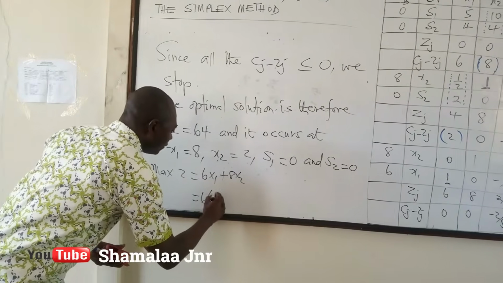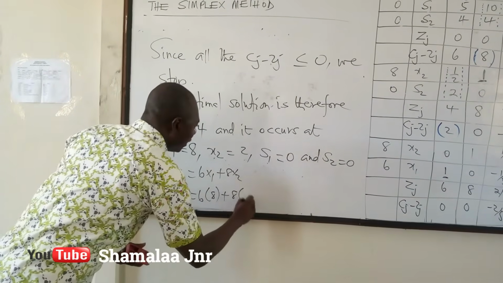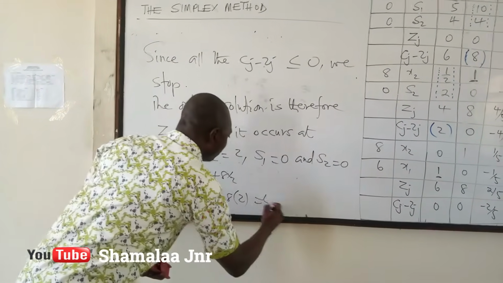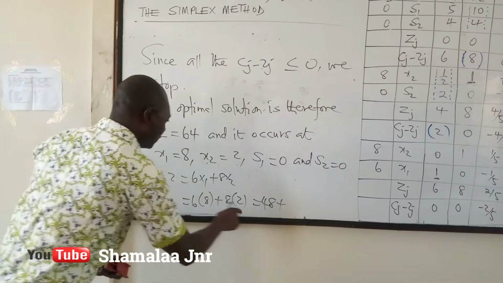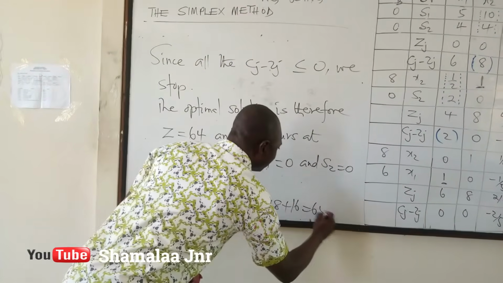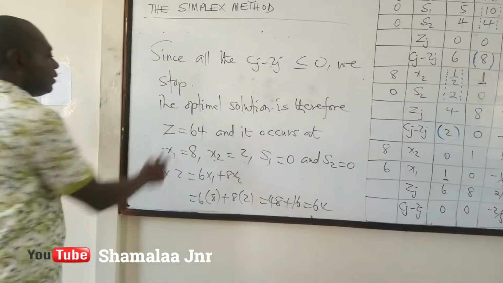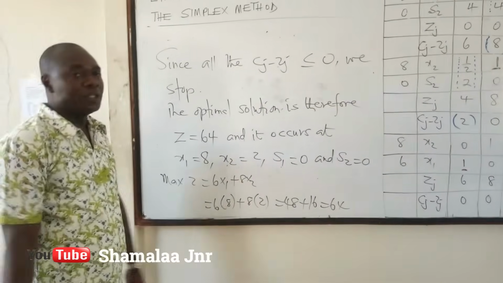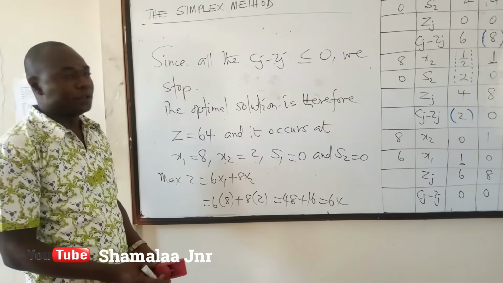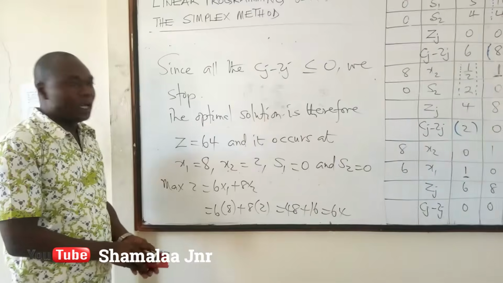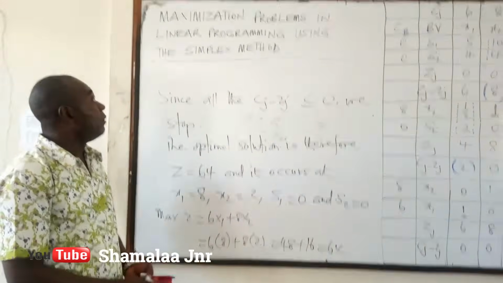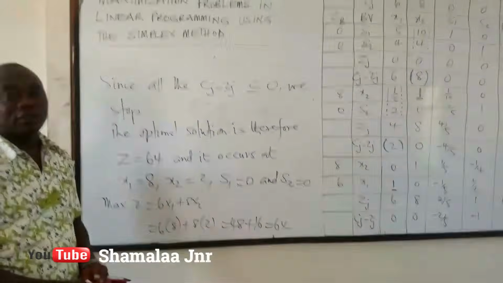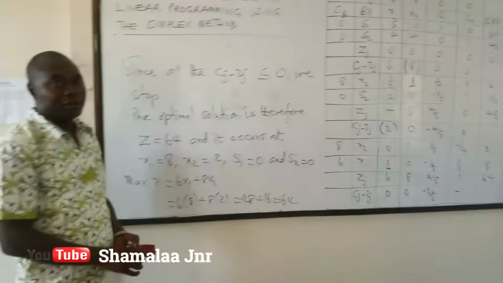So 6 times 8 plus 8 times 2 is equal to 48 plus 16, and this is 64. And you see that we had the z to be 64. So clearly, what we have obtained is the optimal solution. This is how maximization problems in linear programming using the Simplex method are done.